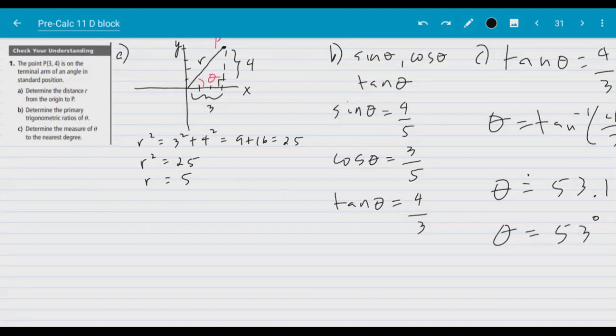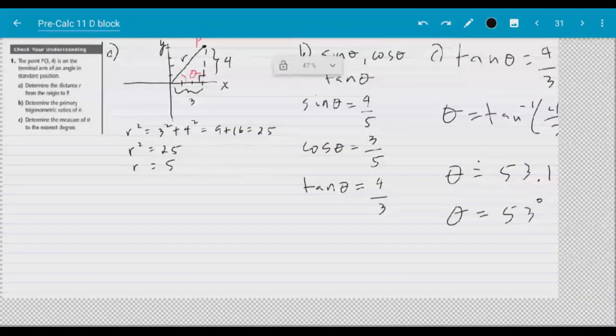You will be able to create a right triangle, and from then on, you can use Pythagoras to find the hypotenuse. You will use that right triangle to give you the values for the three primary trig ratios, sine theta, cosine theta, tangent theta. And then you will use one of those trig ratios to get the value of theta.